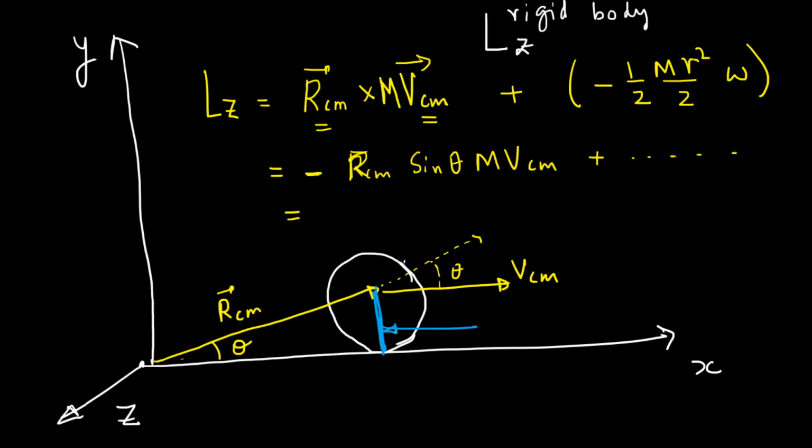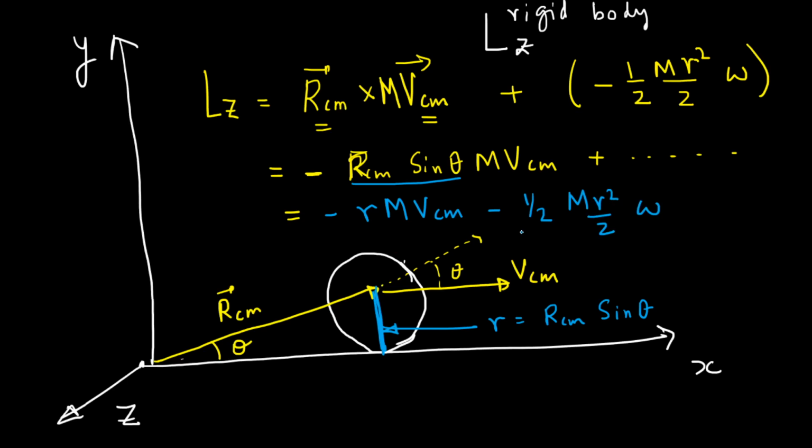This is nothing but R, which is nothing but RCM sine theta. Okay, so this can be replaced by R M VCM minus half mr square by 2 omega.